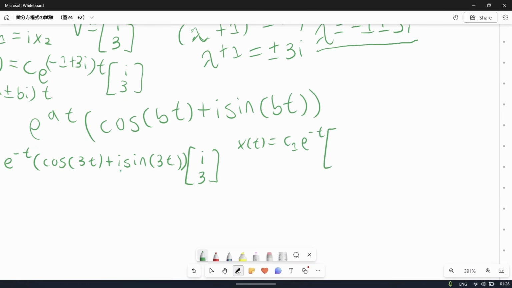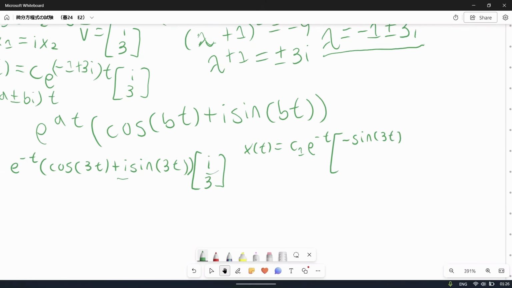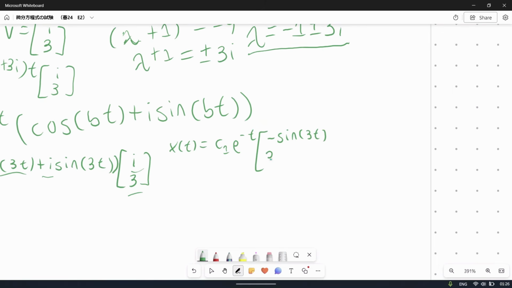I'm going to multiply this i sine of 3t times this i, which gives us negative sine of 3t, because i times i gives us -1. Then for the bottom portion, I'm going to use cosine of 3t and 3 here, which gives us 3 times cosine of 3t.